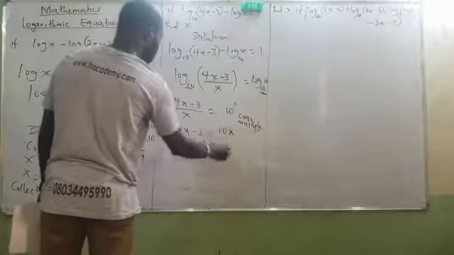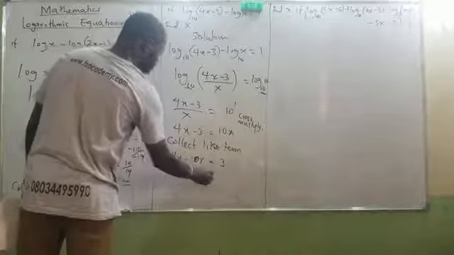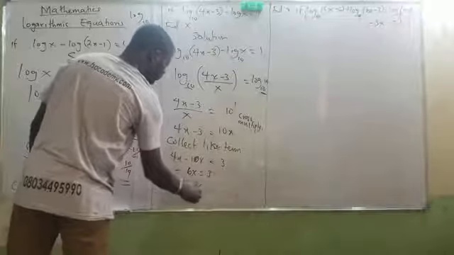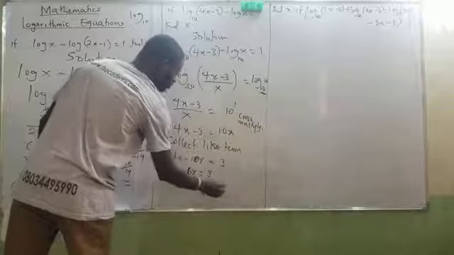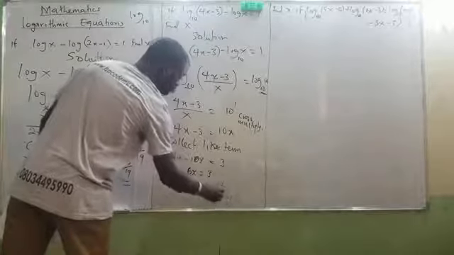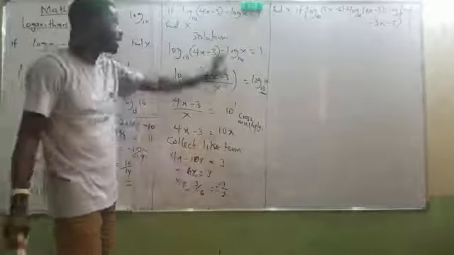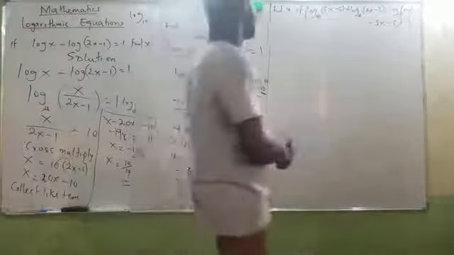Now I'll be having minus 6x equals 3. My x equals 3 over minus 6, which is minus 1 over 2. Now put minus 1 over 2 here, you have 1. That is the equation. Now look at this also. It's a very simple one, but let's see how it will go.